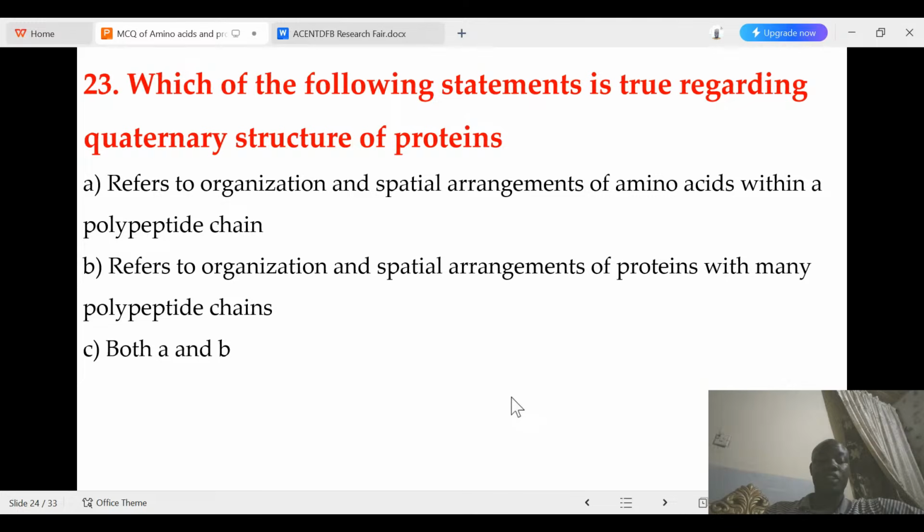C, both A and B. D, none of the above. So please, what is the answer to question 23?